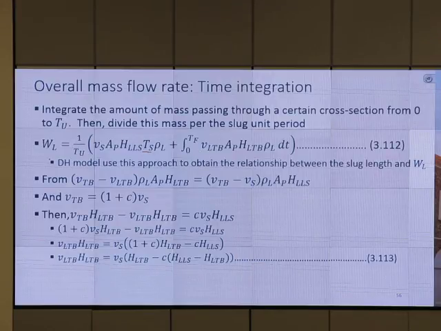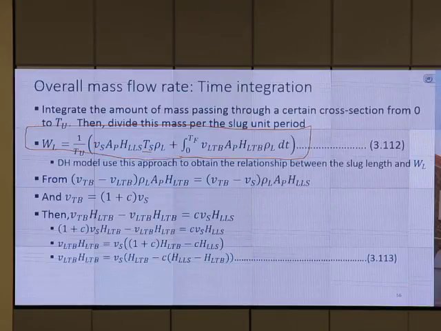So we are not at that model, 1975 or something. We are in 2016, right? Our computer is a lot faster. So what you can do is integrate it numerically. Start with this equation. You have the profile. You can check whether your film length is too long or not by integrating directly, and you adjust, changing the film length or something. So this is the relationship. 3.112 is the implicit form of the relationship between film length and mass flow rate already.